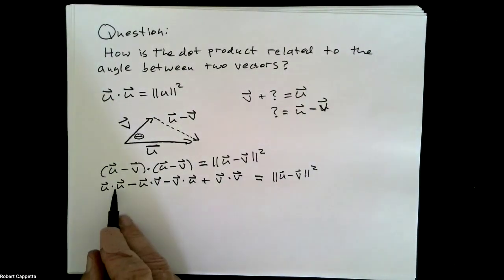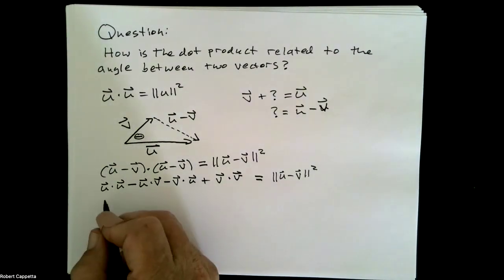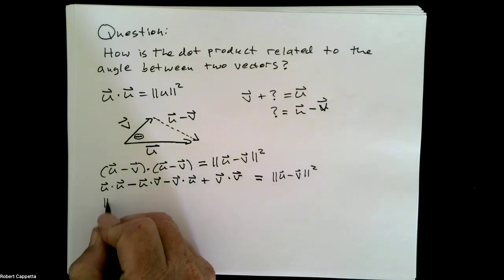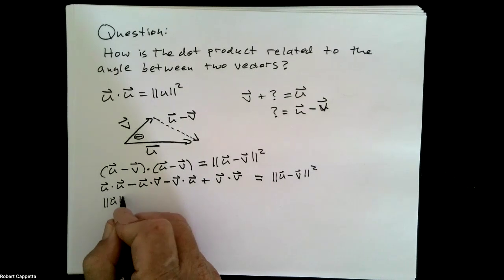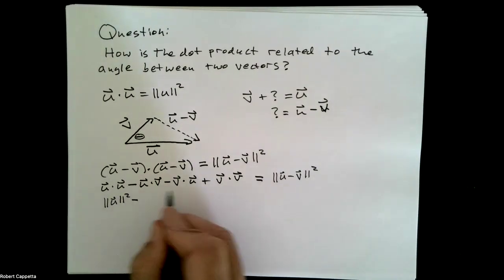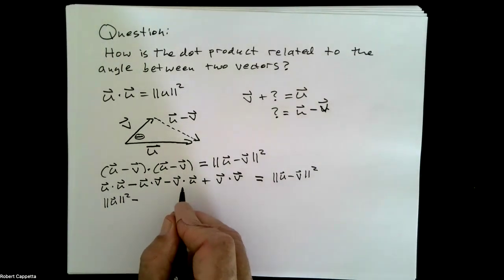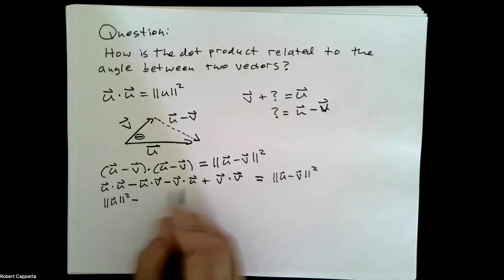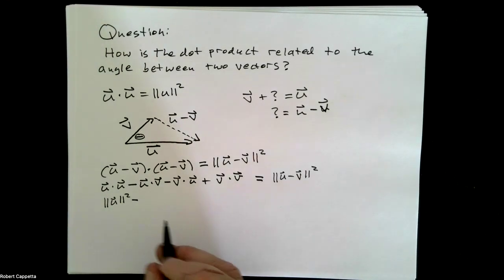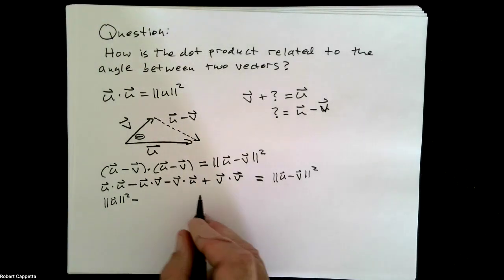Well, what do we know? We know u dot u is the same as the length of u squared. U dot v and v dot u, in the case of R2, the dot product is commutative. That is not true for all vector spaces, but in the case of the sorts of vectors we're working with in this class, that will be the case.